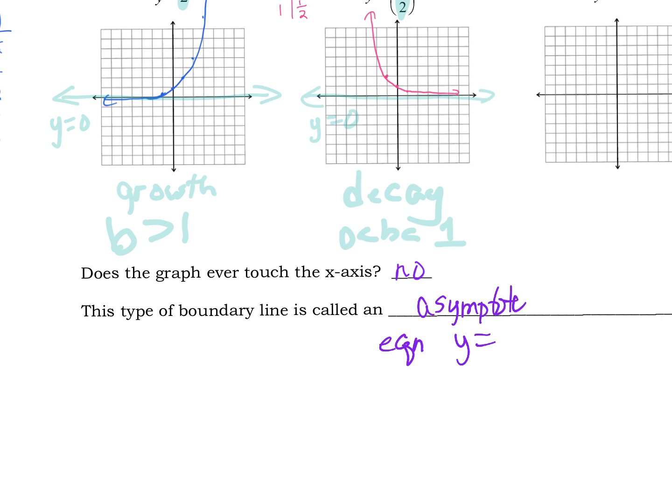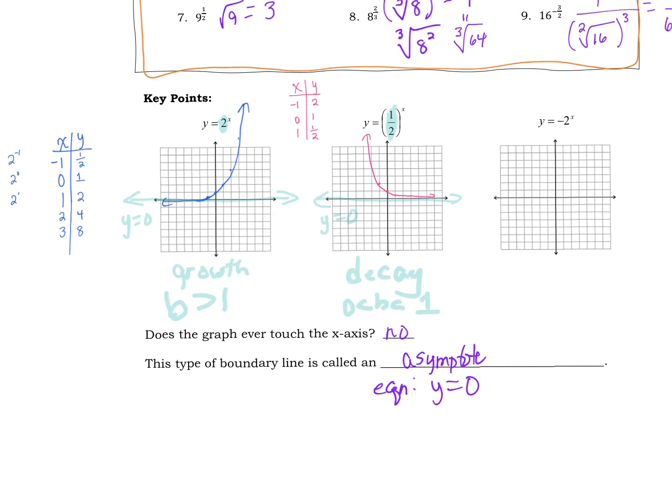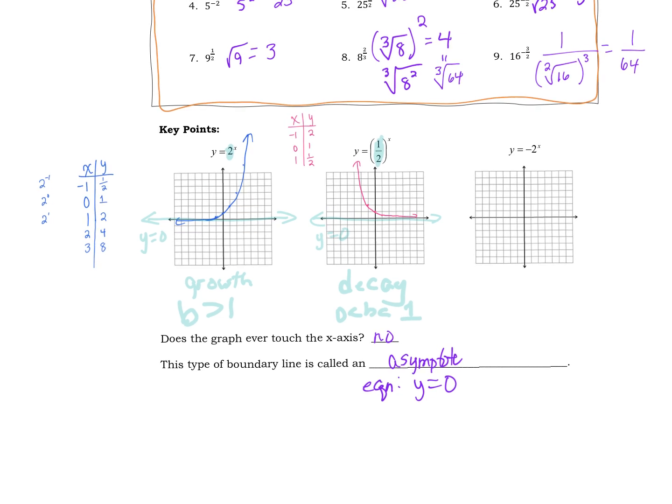For the basic graph, it's going to be y equals 0, but we're going to look at some where we're shifting up and down, left, right, so that's going to change. So the equation is going to be of the form y equals that number, right? Any questions so far?